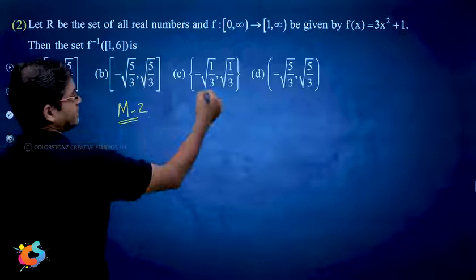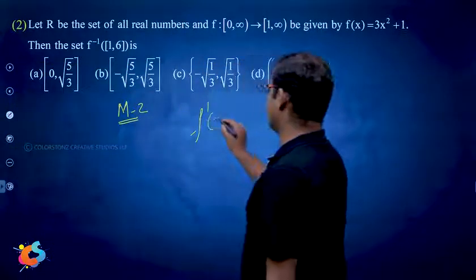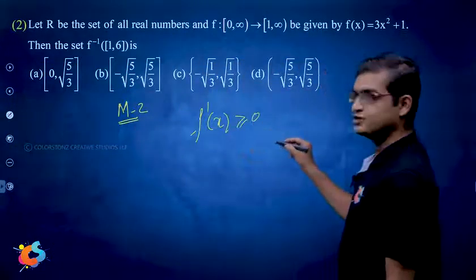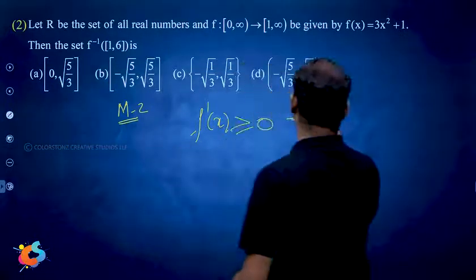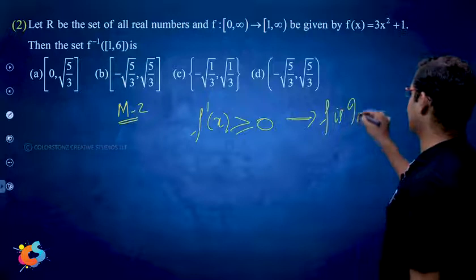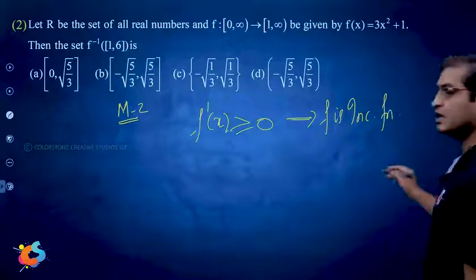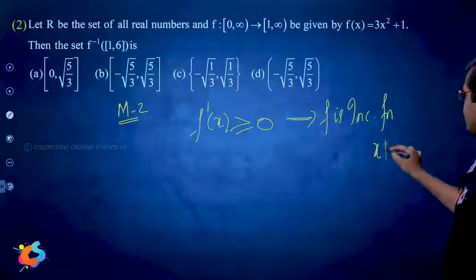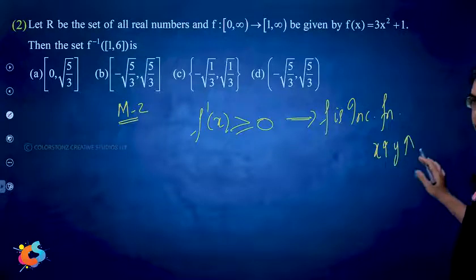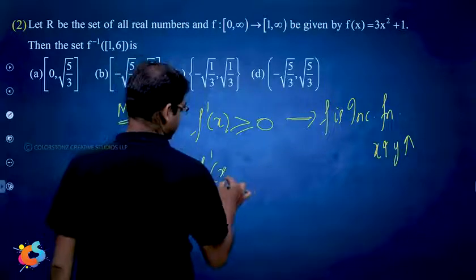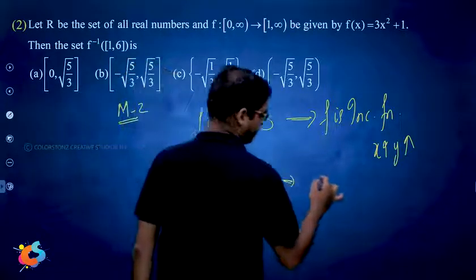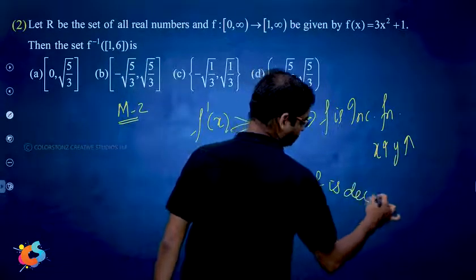And that is, always, if you get f dash of x greater than or equal to 0, this implies f is an increasing function. Increasing function means that as x increases, y increases. That's all. If f dash of x is less than or equal to 0, it implies f is a decreasing function.